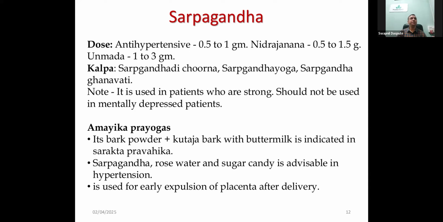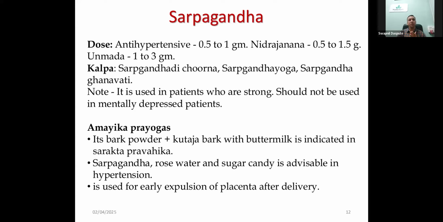In Unmada, 1 to 3 grams higher dose of Sarpagandha may be required, okay, depending on the extent of the psychological disturbance which is seen. Again, in that case, if Unmada patient is Pittaja Unmada or Pitta Prakriti Unmada, in that case, Sarpagandha should be very wisely used, mindfully used. Less doses, start with less doses, and then you may increase and see how it works.